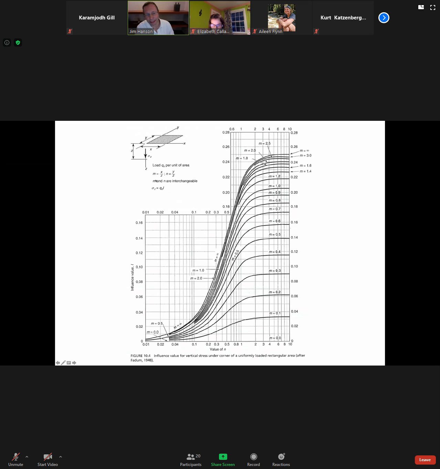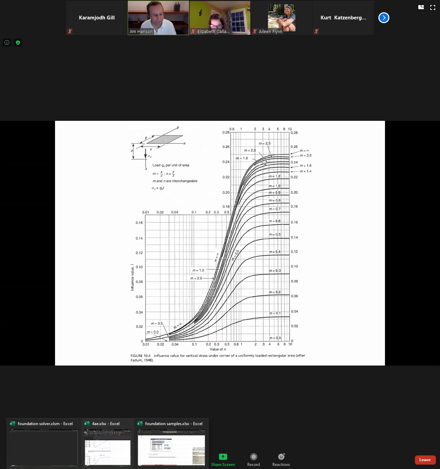And as it turns out, M and N are interchangeable. If you have a graphic like this that is properly typeset, it will work. Mathematically, it works out absolutely that they are interchangeable. I have seen some versions in print where it doesn't quite work, just in how it was printed or something little like that.